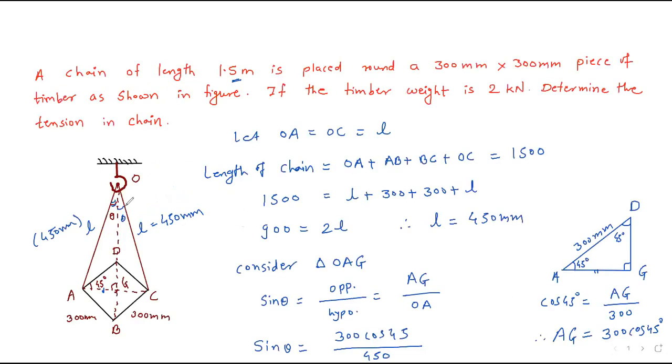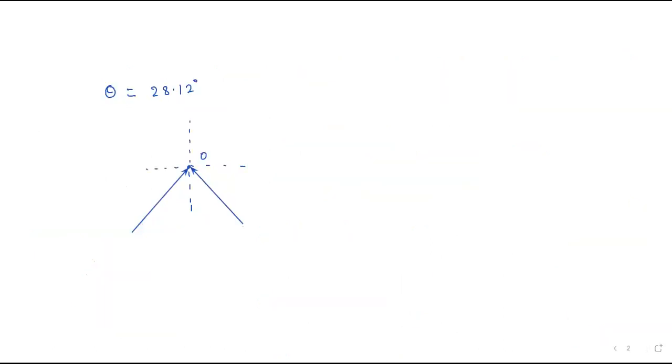This is OA, and OC. I will show these forces like this and call them TA and TB. We have the angle between them as 28.13 degree, and this angle is also 28.13 degree.